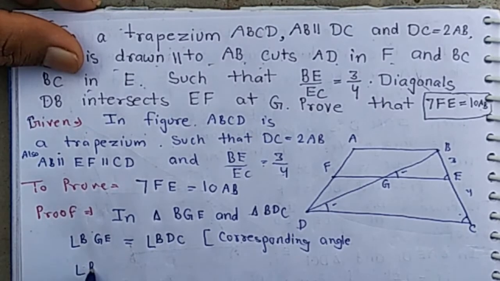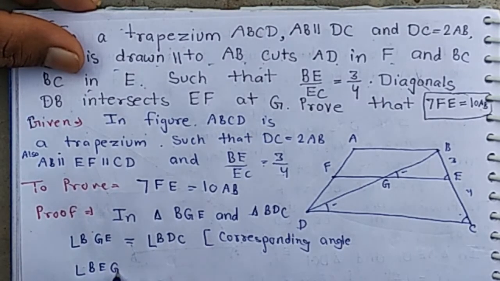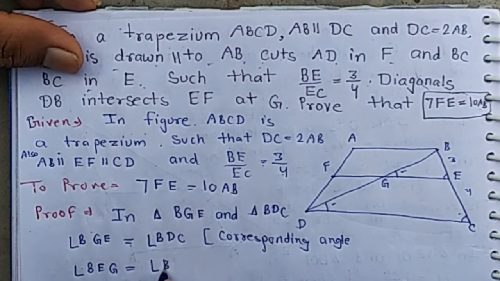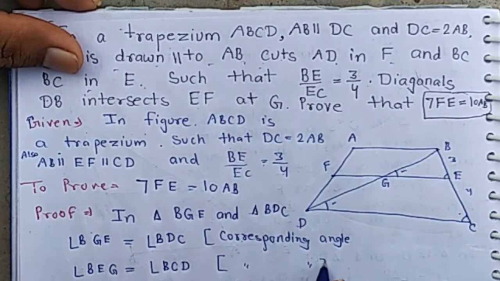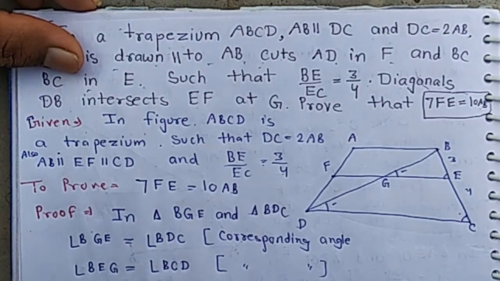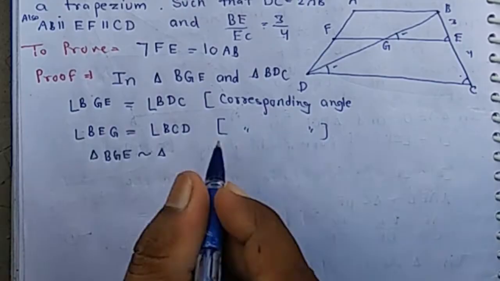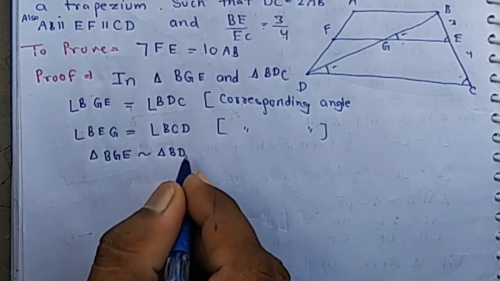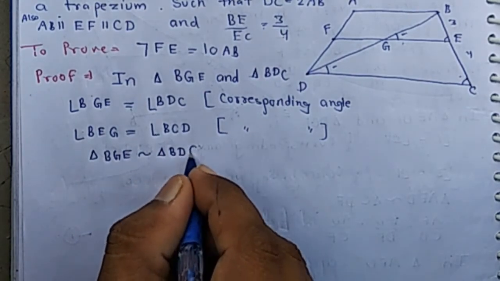Similarly, angle BEG is equal to angle BCD, corresponding angle. Therefore, triangle BGE is similar to triangle BDC.